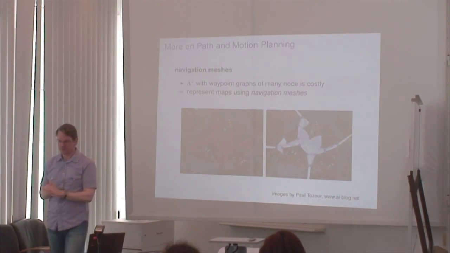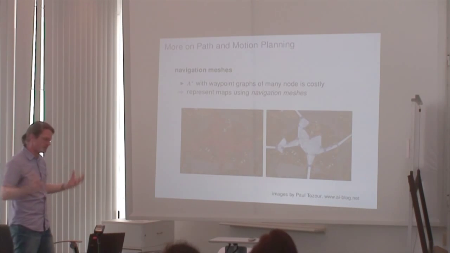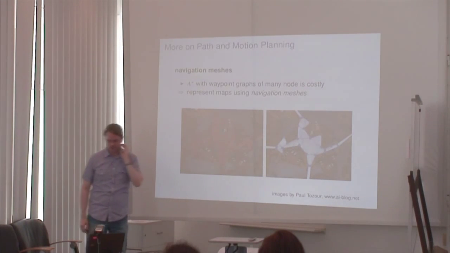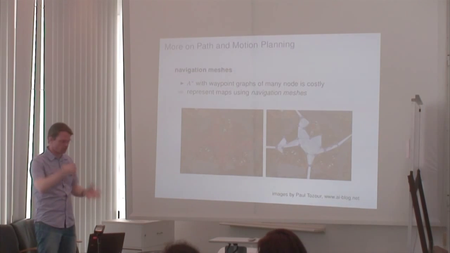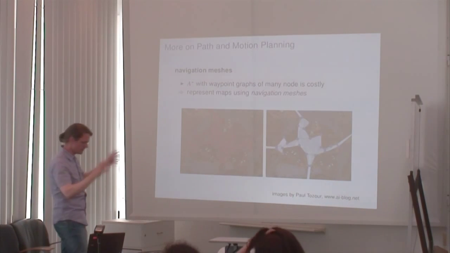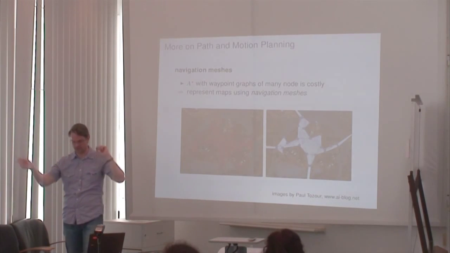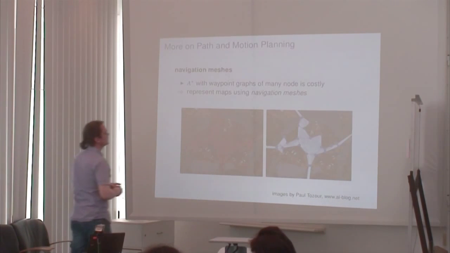Alright, we're almost done. I have to mention this. If you represent a game map in terms of waypoints, you usually need a lot of waypoints to capture all the intricate details of the topology, like where to go from where, what kind of transitions between locations are possible and whatnot.